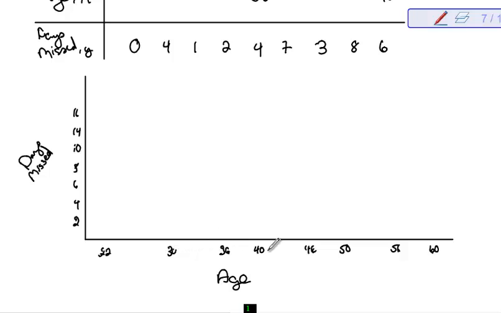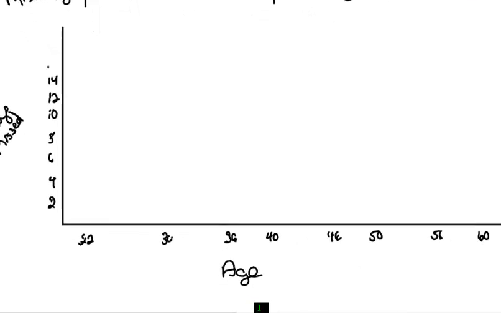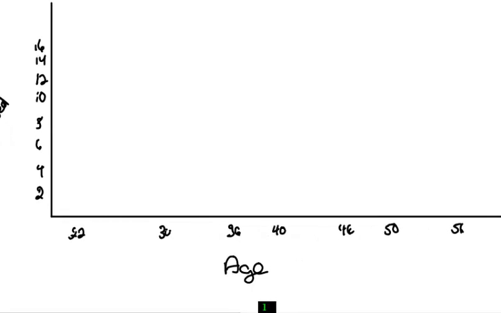I have them approximately evenly spaced because I used graph paper, but usually we label those as well. I was doing this for time's sake. And on the days missed, I have 2, 4, 6, 8, 10, 12, or 10 should be 12. Let me correct that. 10, 12, 14, and 16. Okay?